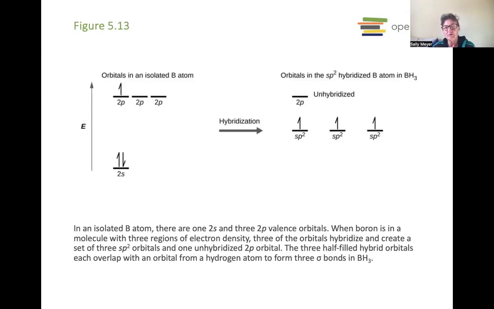It would appear like boron can only form 1 bond because it only has 1 electron in its valence shell that's not paired. But if you take that p orbital along with another p orbital so that the s electrons can unpair, and you add those 3 together, you get 3 sp2 hybrid orbitals, and then you still have 1 2p orbital that's not hybridized.